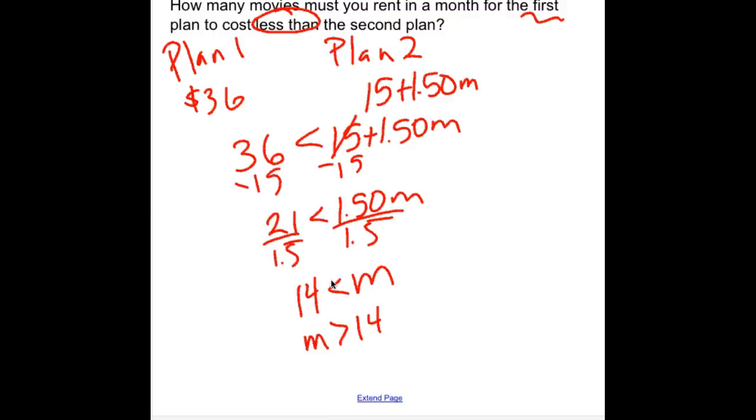Basically what it's saying is that if you rent more than 14 movies, you are going to end up paying more for the second plan than you would for the first plan.